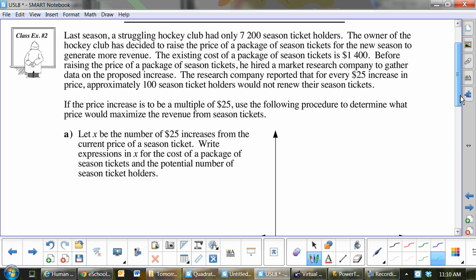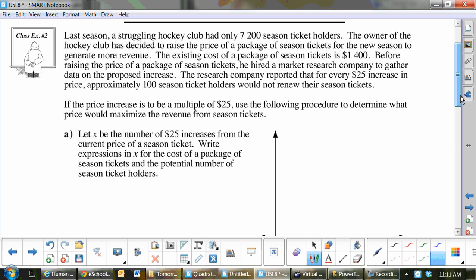If it's yearbooks, it's $20 a yearbook, 200 people, 20 times 200. Bang, there's my revenue. That's not my cost. Cost is how much it takes to make the yearbooks, and profit is revenue minus cost. And you want revenue minus cost to be good.